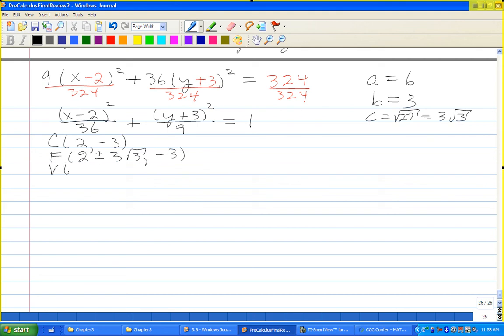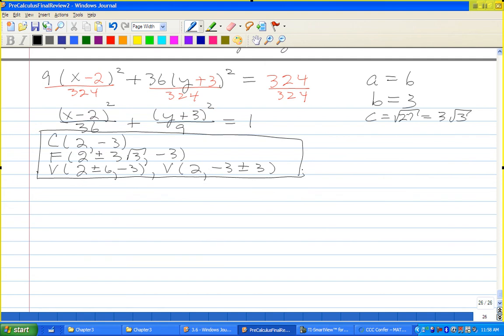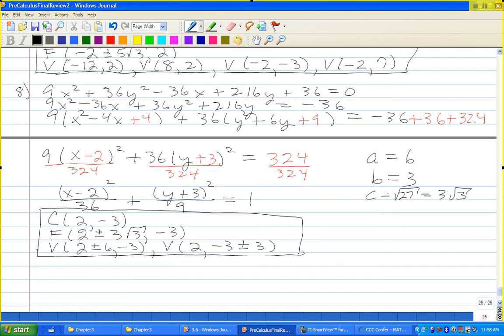And the vertices, maybe I'll just write it in the plus or minus form, are 2 plus or minus 6, negative 3, and 2, negative 3 plus or minus 3. So those are your center, foci, and vertices. Okay, 9.